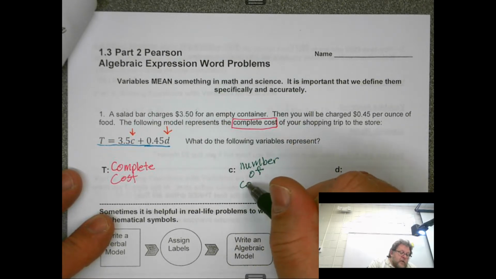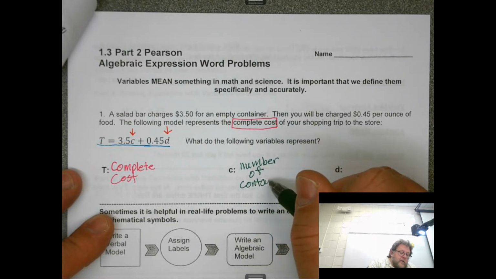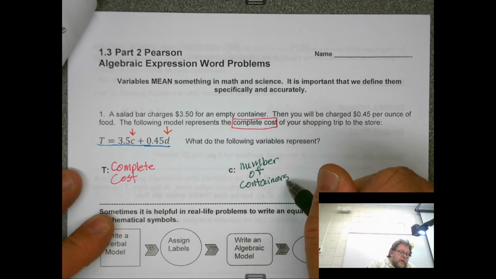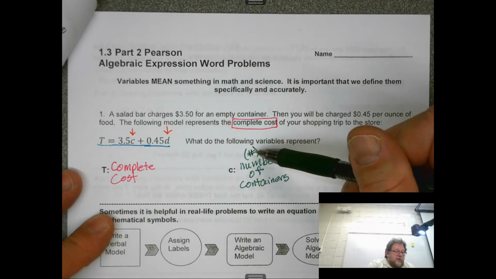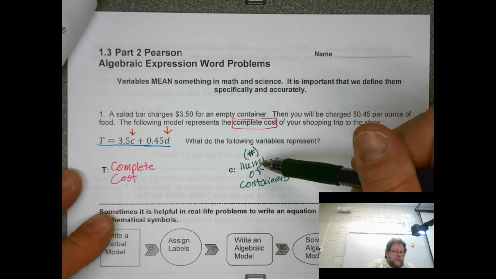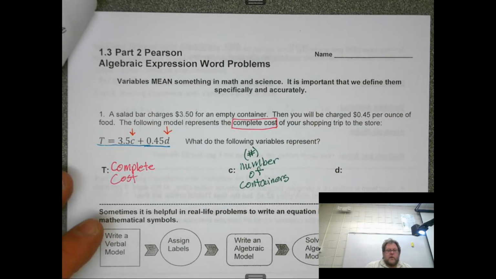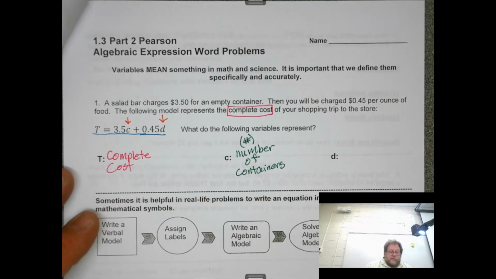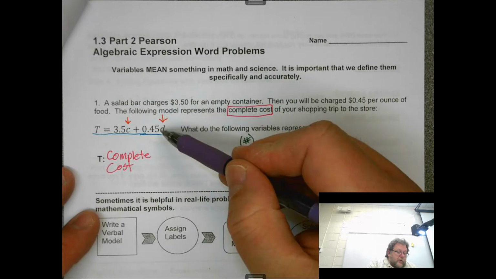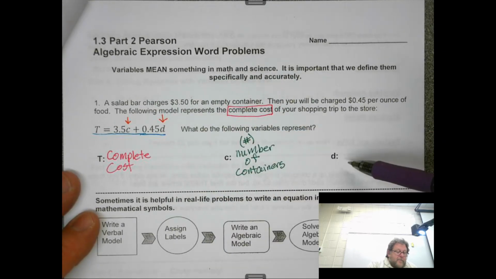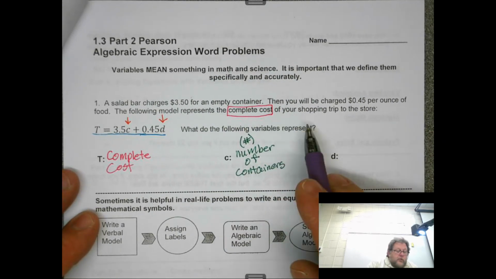And if you want to use the hashtag symbol, it doesn't mean anything about the internet. That is the symbol for the word number. It'll save us some time later. And then we have to worry about this other last variable. We have to define that. It says here, you will be charged 45 cents per ounce of food.